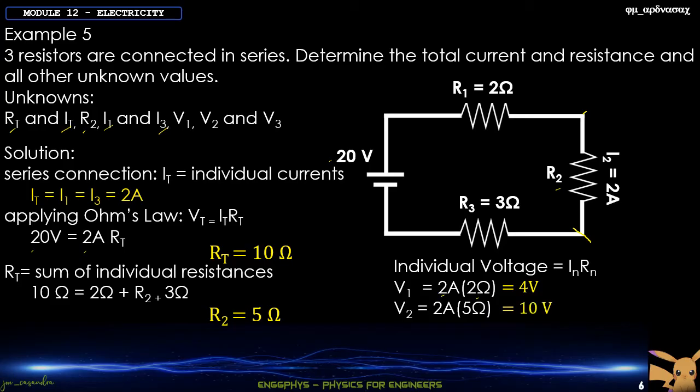So, we'll have here 10 volts. And lastly, for V3, that will now be 2 times 3, which is equal to 6 volts. So, if we're going to check the sum of the 3 voltages, 4 plus 10 plus 6 is equal to 20 volts, which is really equal to your total voltage.